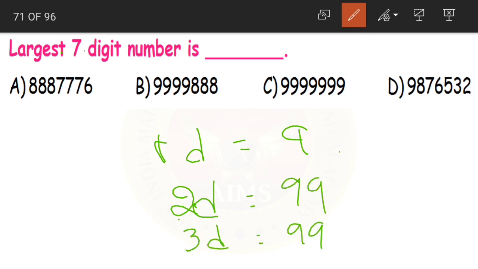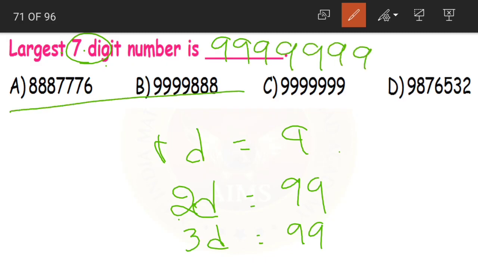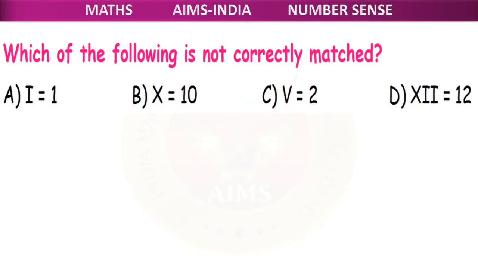In the same way, the largest 7-digit number will have seven 9s: 1, 2, 3, 4, 5, 6, 7 nines. Looking at the options, only option C has seven 9s. So option C is our largest 7-digit number.